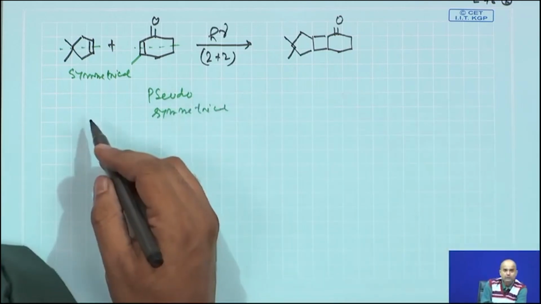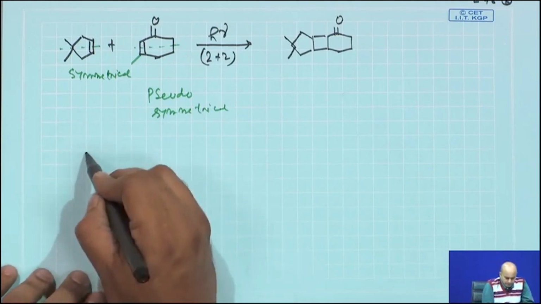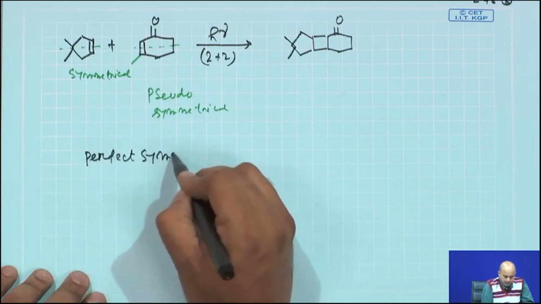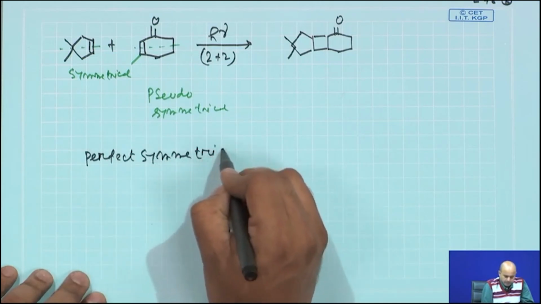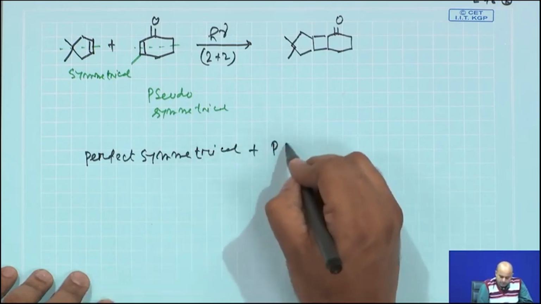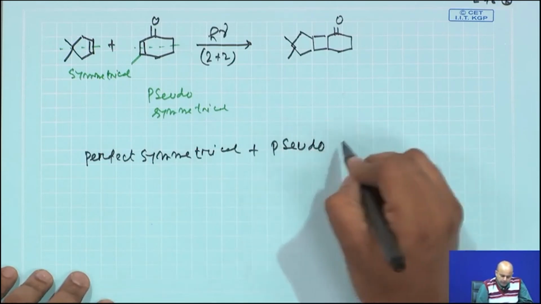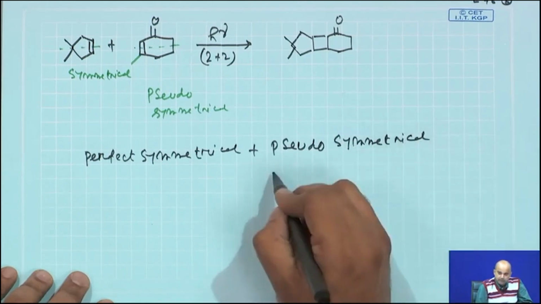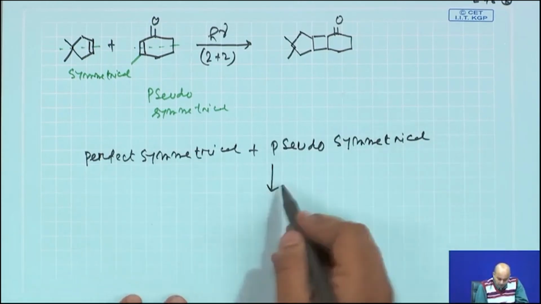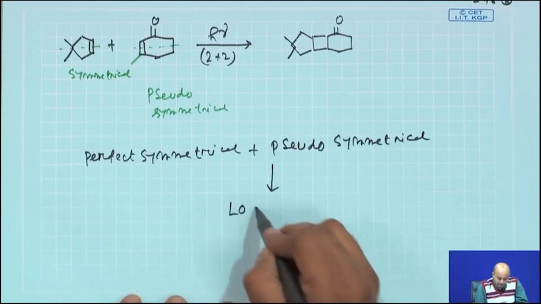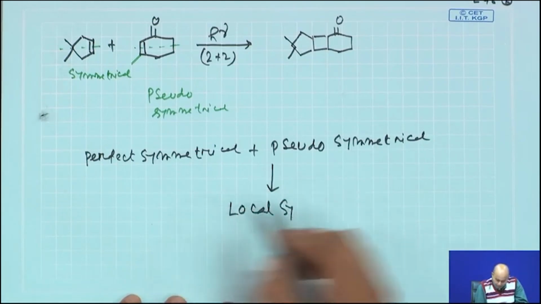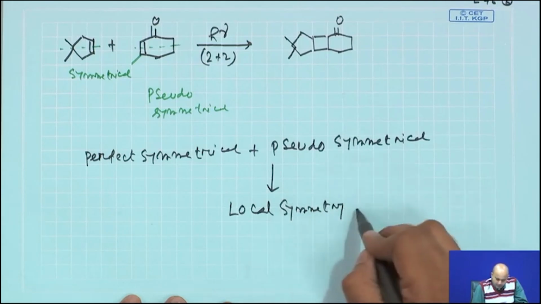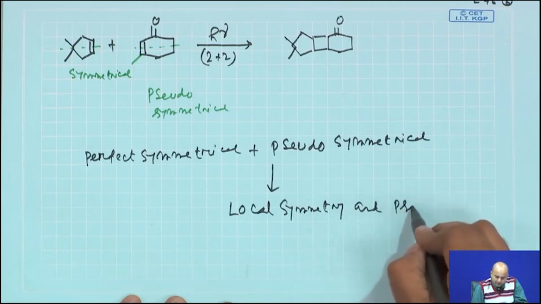So, what I am now trying to analyze is a perfect symmetrical part, or perfect sigma V intermediate, plus you react with a pseudo symmetrical intermediate, gives you a molecule which contains local symmetry in one part and pseudo symmetry at another part.